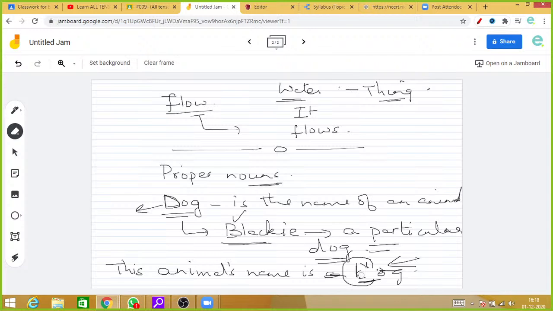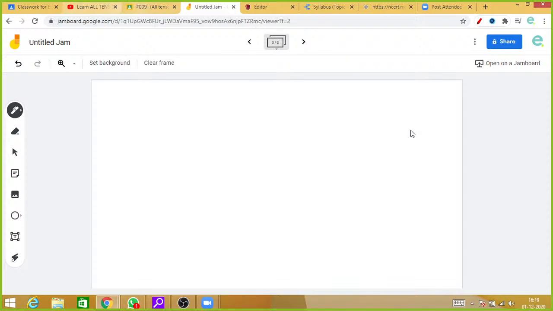But not always. Normally you will use it with a small d. Normally you will say this dog's, like you said here.